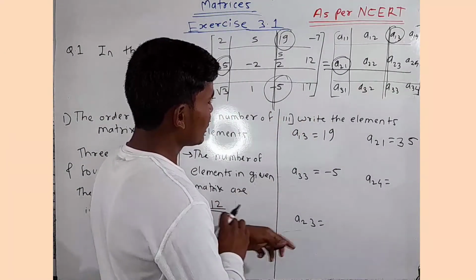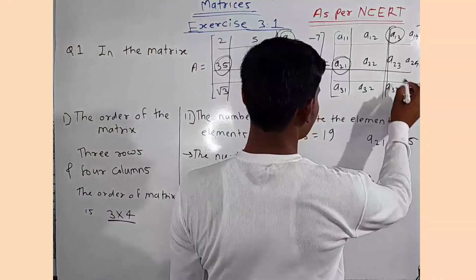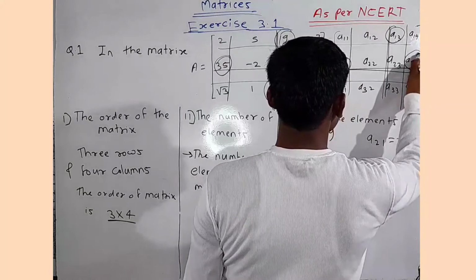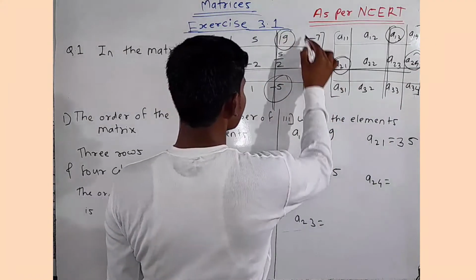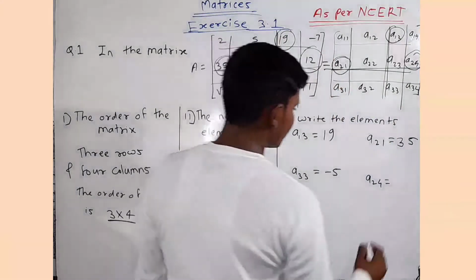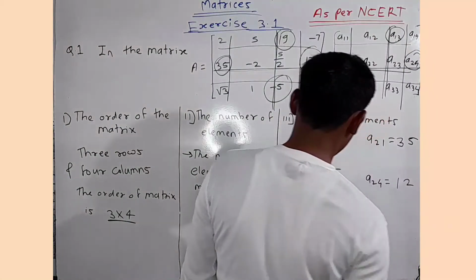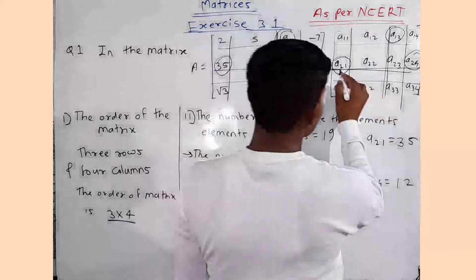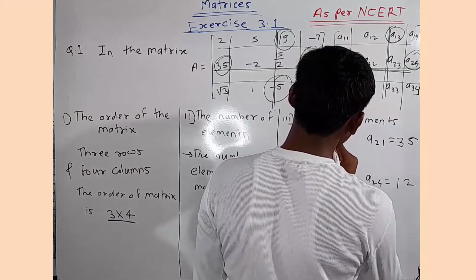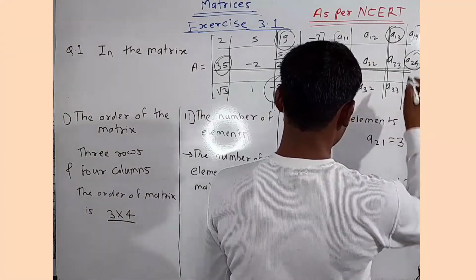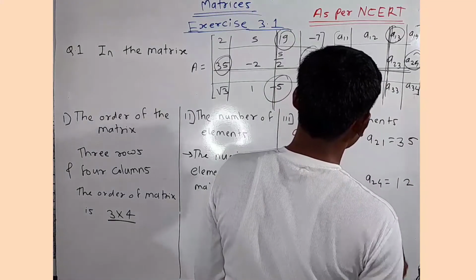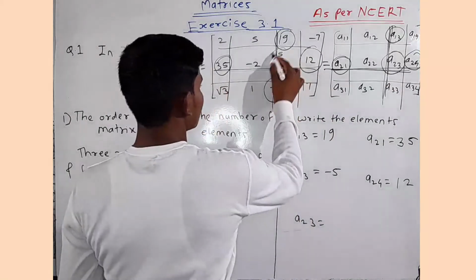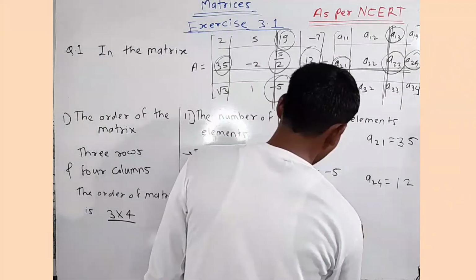And A24, this element, 2 4, that is 12. And A23, second row and third column, that means 5/2.